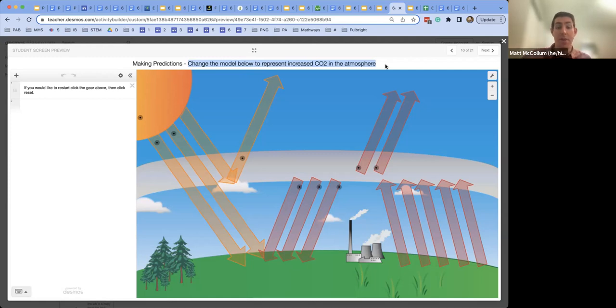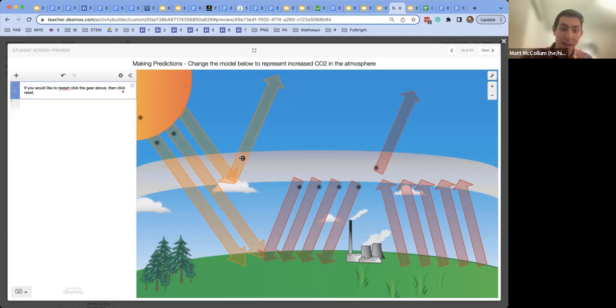This allows easy manipulation of the model, and they could take that red arrow that's going out into space. More of the CO2 in the atmosphere is absorbing and re-emitting the infrared heat back down to Earth, thus capturing it. And this might represent that increase in thermal energy.